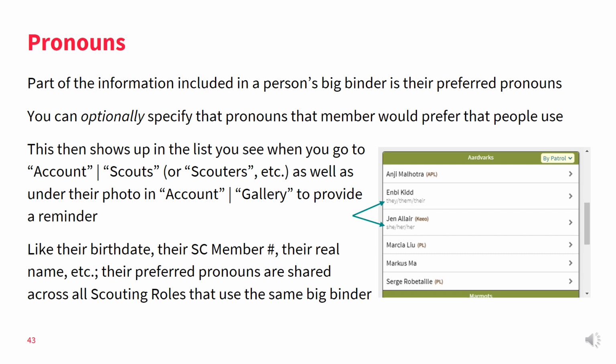And it'll just highlight that, you know, Jen likes to go by she, her, and NB likes to go by they, them. And of course, because this is part of the big binder, it's shared across all of their scouting roles. So if this ever gets updated, it'll be instantly viewable on all other accounts.